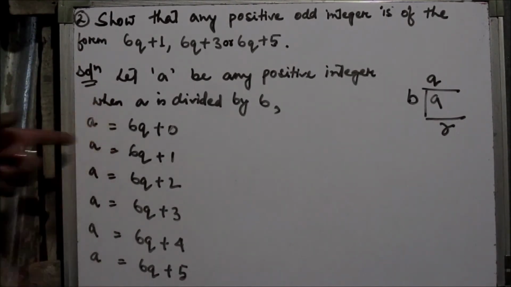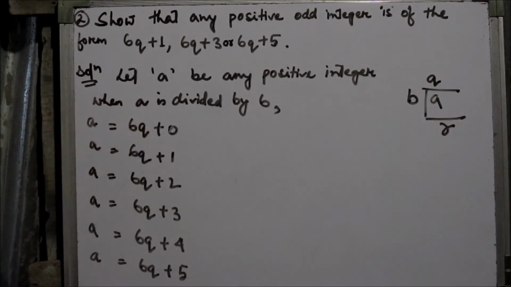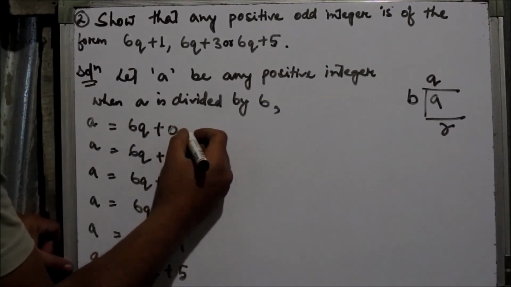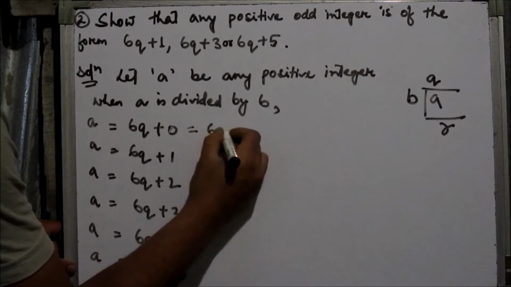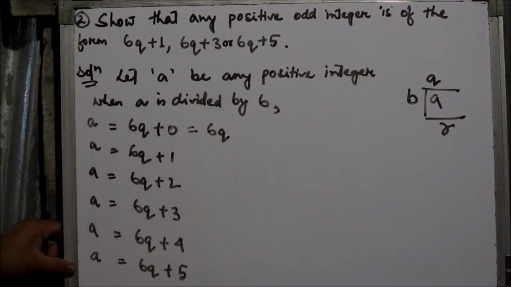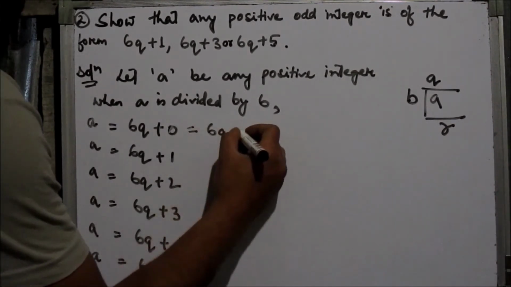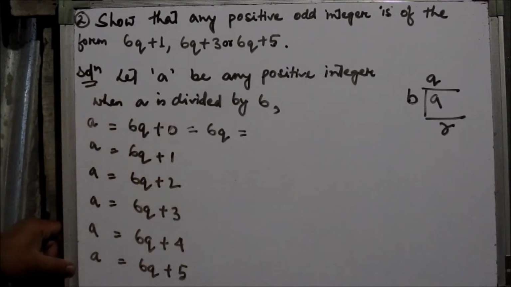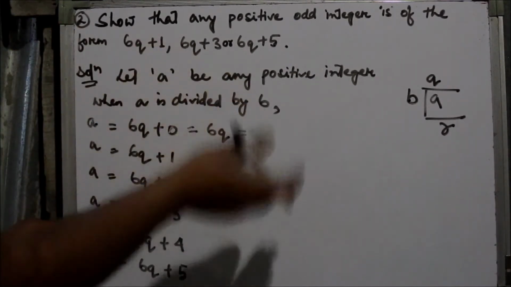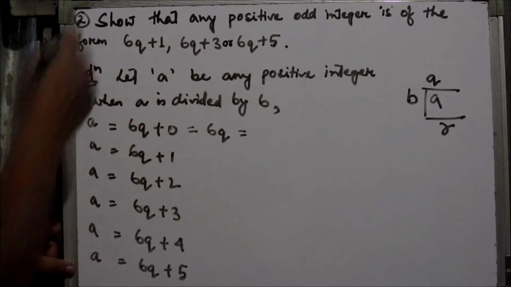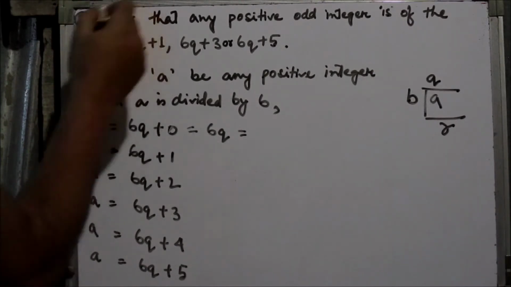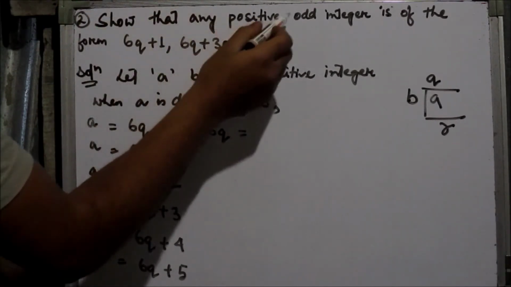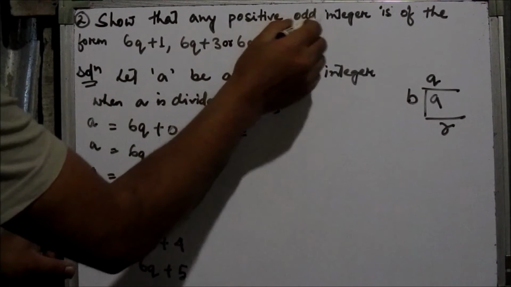So what is here? a equal to 6q plus 0. 6q plus 0 can be written as 6q. So what is 6q? We check whether it is odd or even. Why are we checking this? Because the question says we have to show that any positive odd integer, only the odd integers.